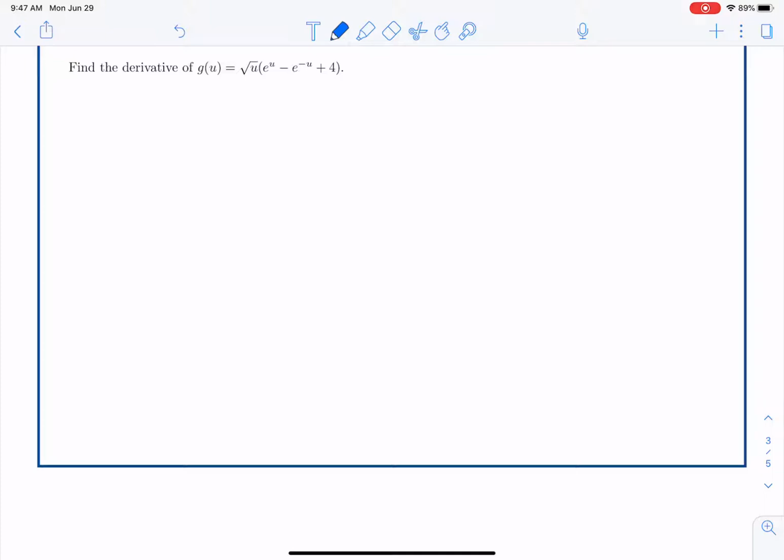Another tricky one involving u. So in this case, u is the independent variable. G is the dependent variable.